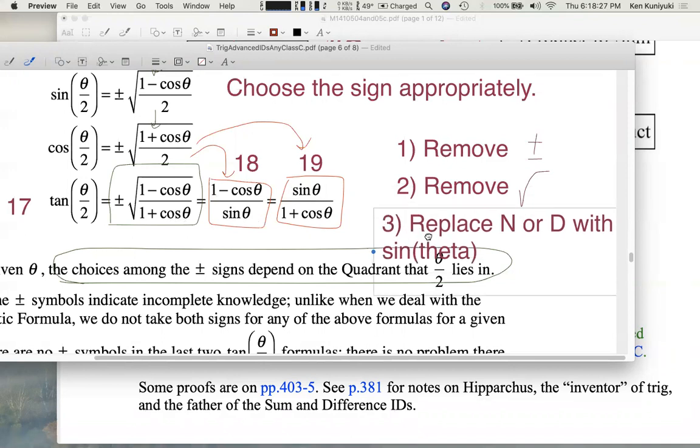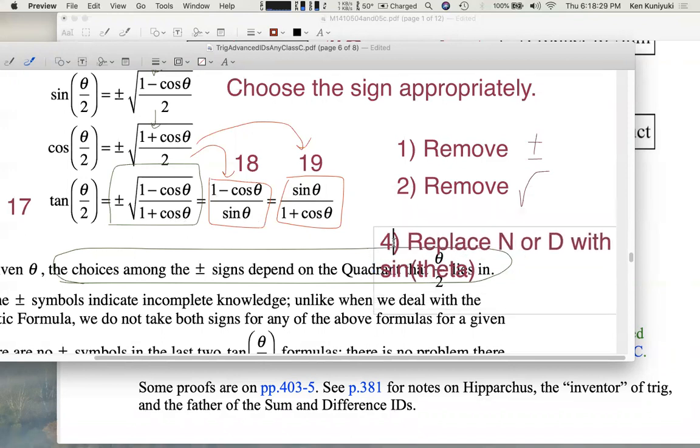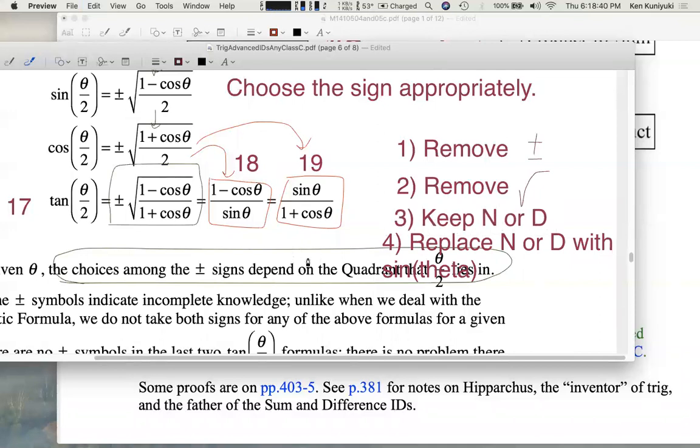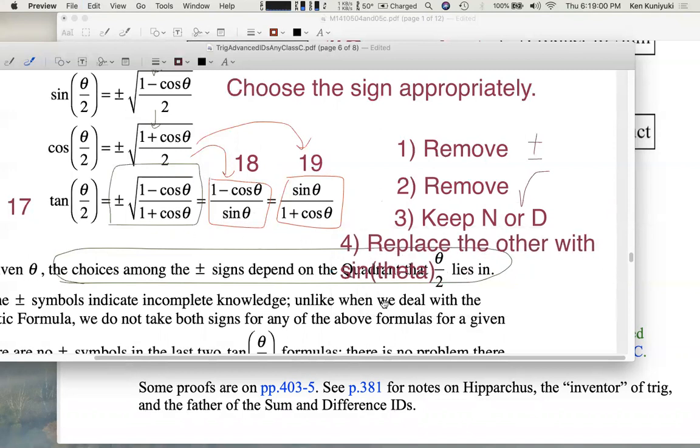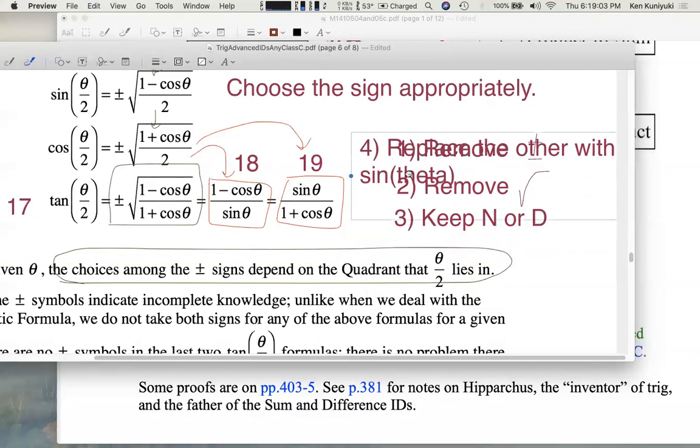Actually, come to think of it, it might be easier if I phrase it the other way. So maybe I should make this number 3. Keep either the numerator or denominator. For number 18, we keep the top, the numerator. For number 19, we keep the bottom, the denominator. And then number 4, you replace the other piece. Okay, so if you keep the top, you replace the bottom with sine of theta. If you keep the bottom, then you replace the top with sine of theta. There you go. So that might be an easier way of phrasing that.